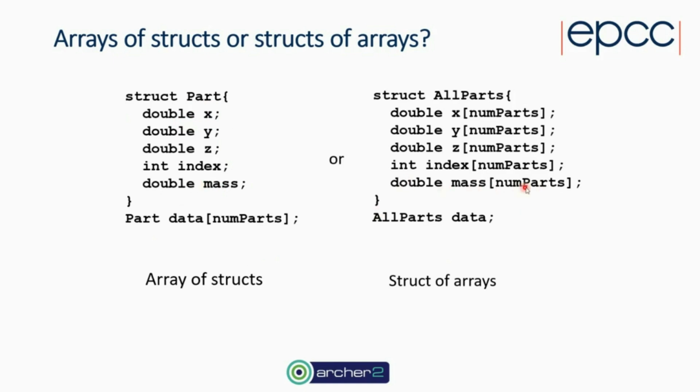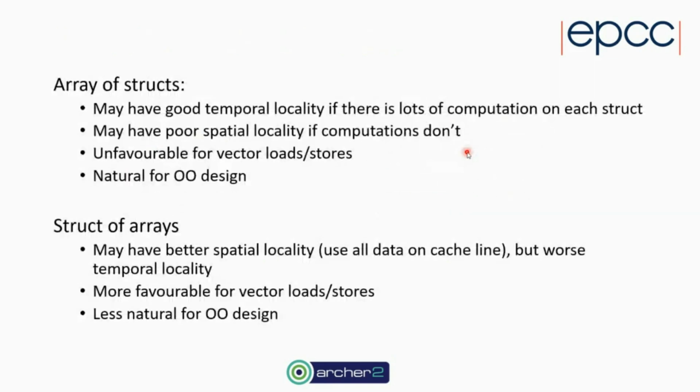Whereas over here, you already have all the particles' masses in a single array, and you can manipulate them yourself. So it depends on exactly what operations you're doing on the particles as to which one of these gives you best performance. But it can often be that the structure of arrays is a sensible way to go.